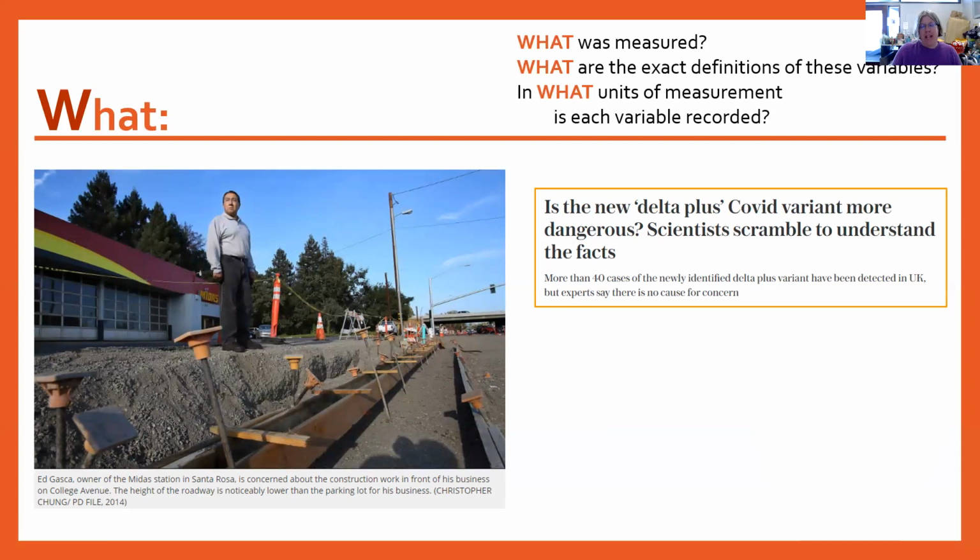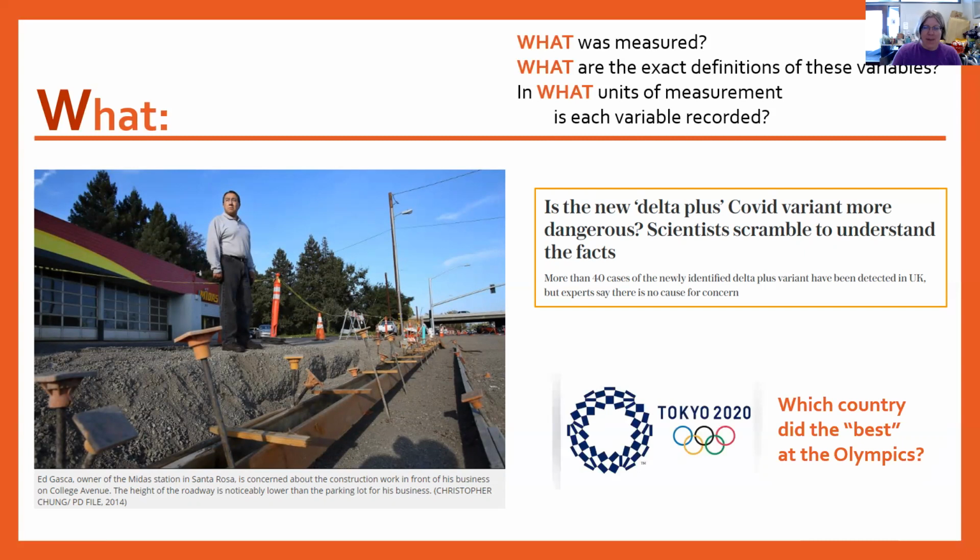Does it mean that it is less transmissible, but if you get it, your symptoms are going to be really severe? Is it some combination of those? So what exactly does more dangerous mean? And you need to know that in order to understand what your risk is and make some appropriate decisions to keep yourself safe.